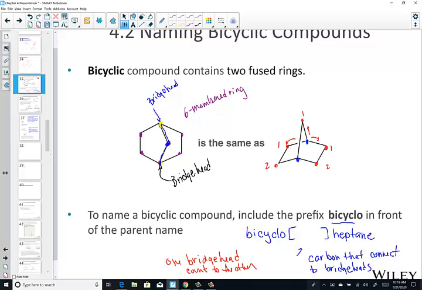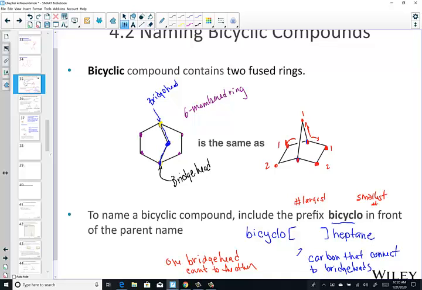When I count in this direction, I see 2 carbons separating the 2 bridgeheads. I count in this direction, I see 2 carbons separating the bridgeheads. When I count up, I count just 1 carbon separating the 2 bridgehead carbons. That's what we're going to place inside the bracket. And you want to number largest number first, then the in between, and then of course the smallest number.